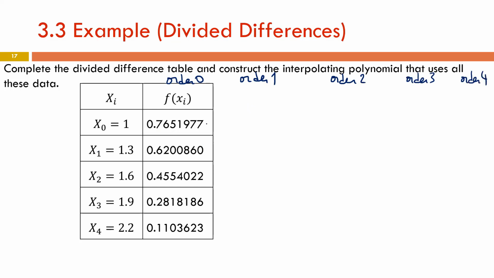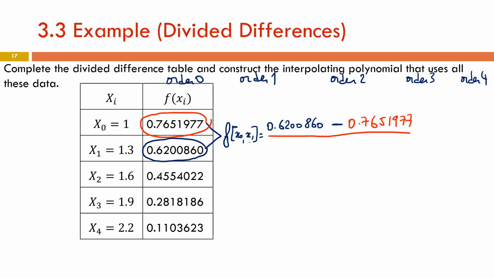For the order 1, with these 2, we can calculate f[x0, x1]. How do we calculate it? This value, 0.6200860, minus this value, divided by x1, 1.3, minus x0, minus 1.